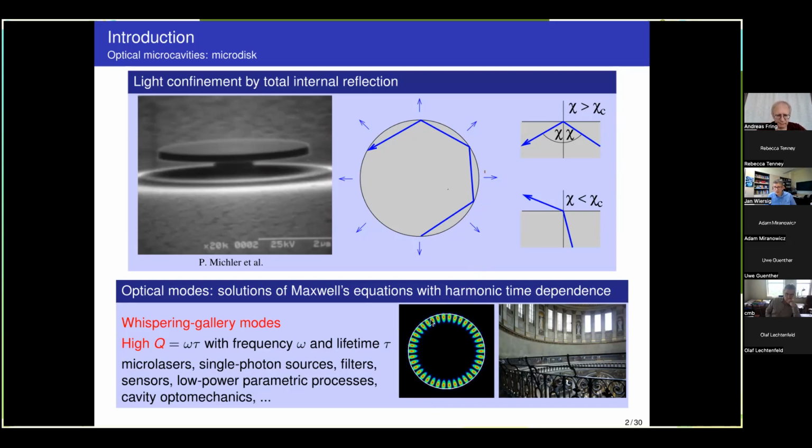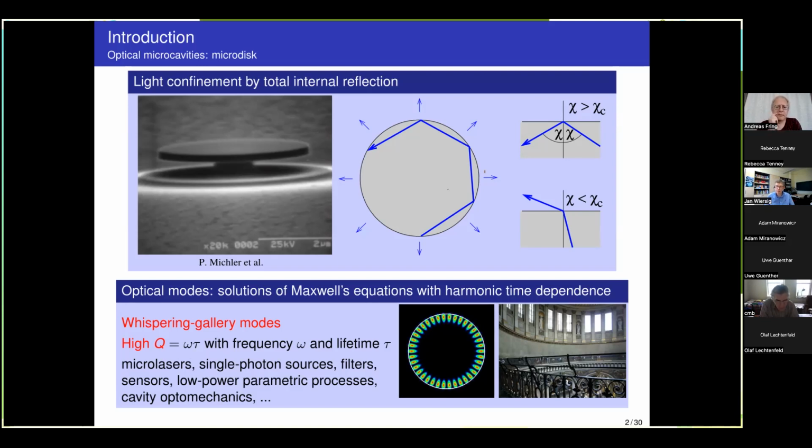They are also quasi-bound states, if you want, corresponding to the energy eigenstates of the quantum system. They have a resonant frequency, omega, and they have a lifetime tau. Usually in optics, people like to express it with the quality factor. It's a dimensionless number, and it's a product of frequency and lifetime. These microcavities are studied in various different fields. They have many potential applications, for instance, in microlasers, where they play the role of a laser resonator.